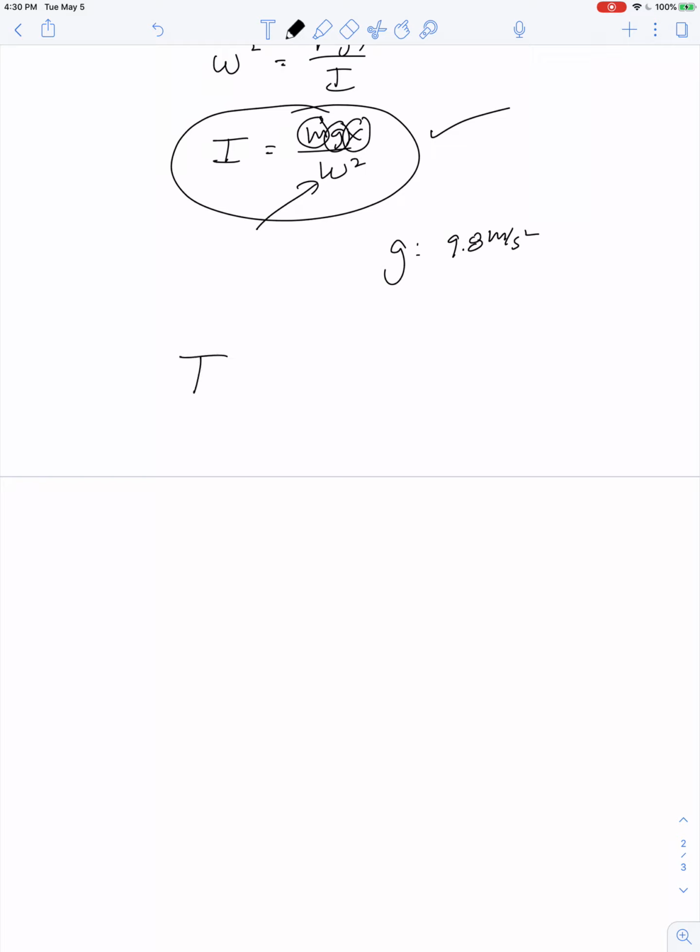Now, we know that period is equal to the inverse of frequency, and frequency is equal to omega divided by 2 pi. So, in other words, period is 2 pi divided by omega, or omega is 2 pi divided by the period.